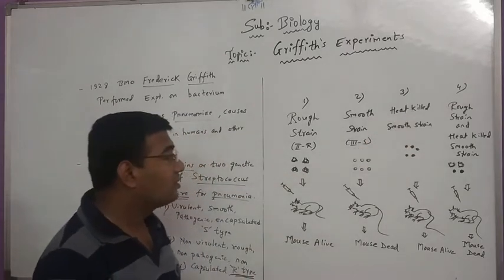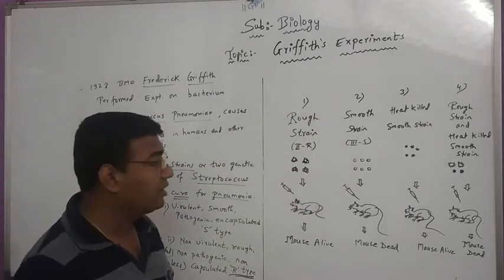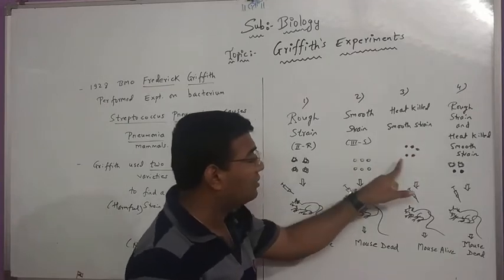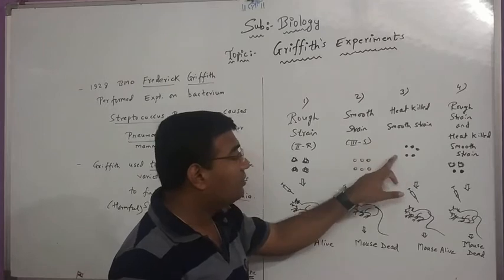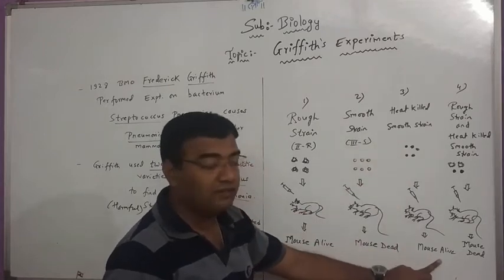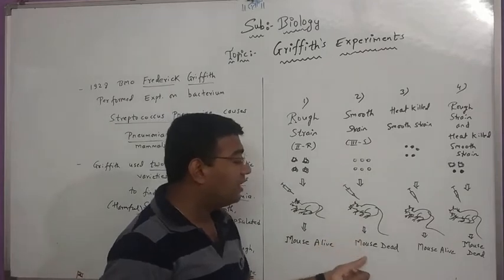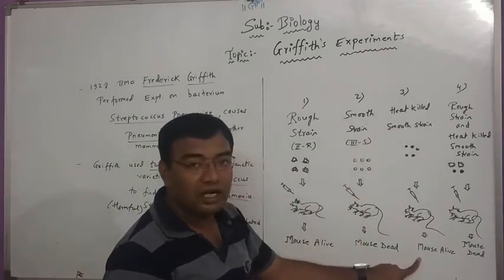Heat-killed means the smooth strain was given heat treatment. As soon as it was injected, the mouse was alive. Directly injected strains kill the mouse, but when the strains are heat killed, the mouse stays alive.